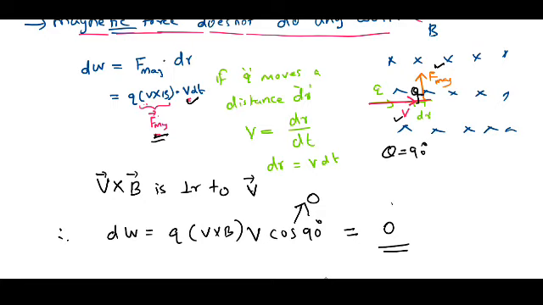The meaning is this: the magnetic force does not increase or decrease the speed of the charged particle. Fine. The charged particle can be accelerated by the electric field only. The magnetic force does not increase or decrease the speed of the charged particle. Thank you very much.